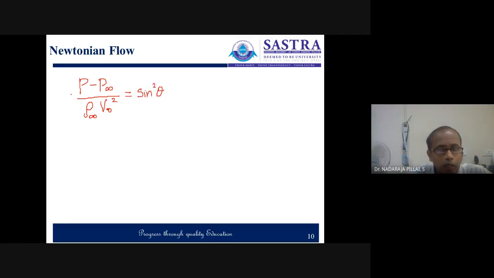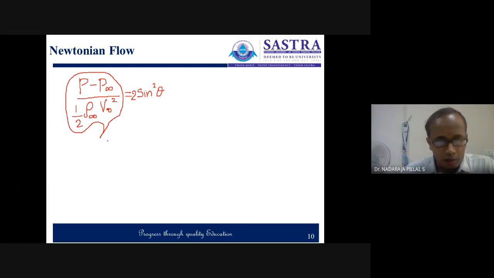Now let us say I divide this, and then necessarily I can multiply 2 here. And can you imagine what this is? This is actually the coefficient of pressure.